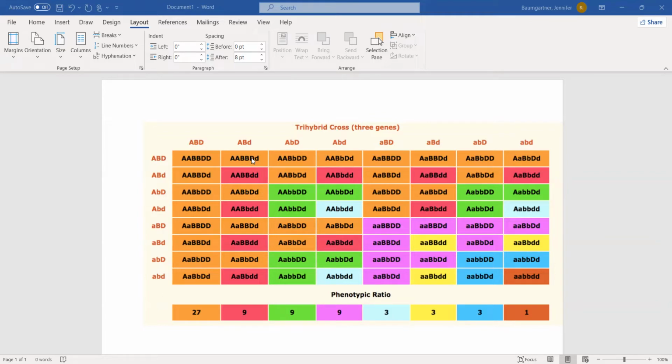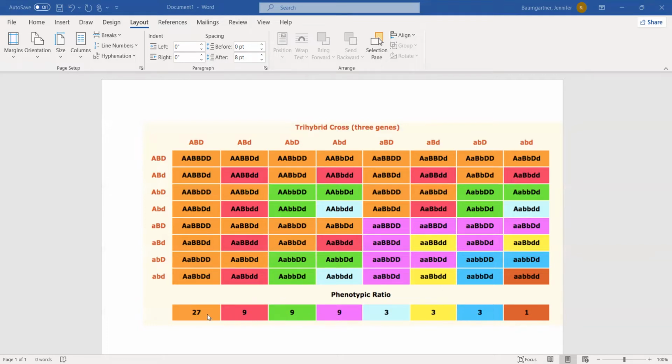So when it's all done, the way the phenotypes are going to look, I'm going to have 27 of my, so let's see, 9 times 3 would be 27. Oh, wait, this is the total, I think. Let's see.